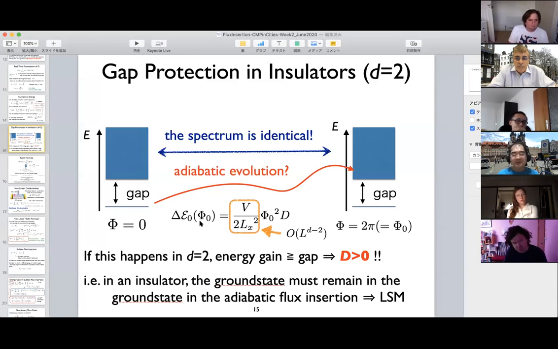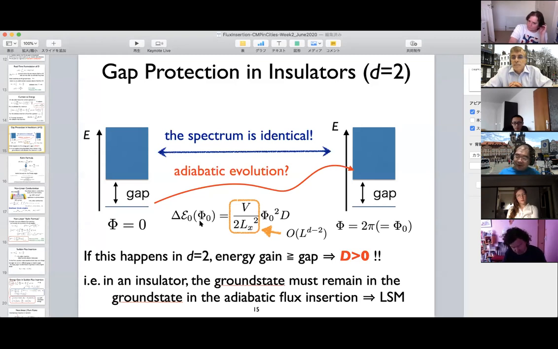So if we enlarge the definition of the insulator or make it strict, whichever way, even in 3 dimensions this might be useful to derive some results.